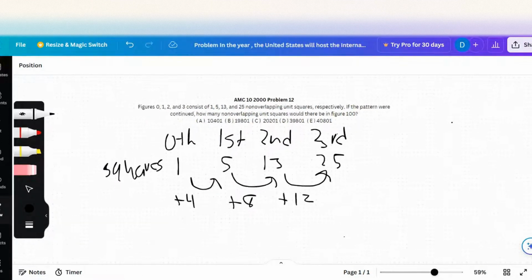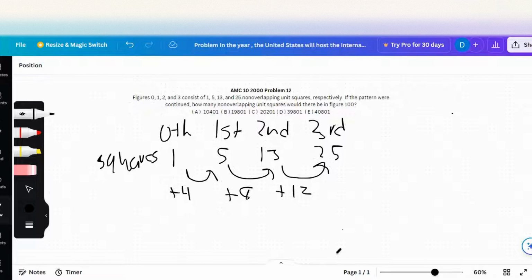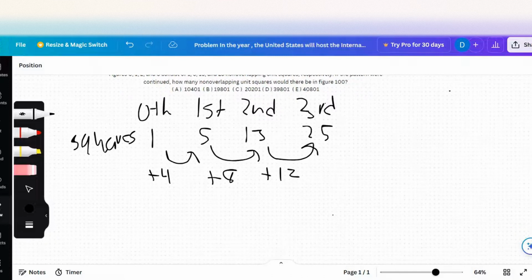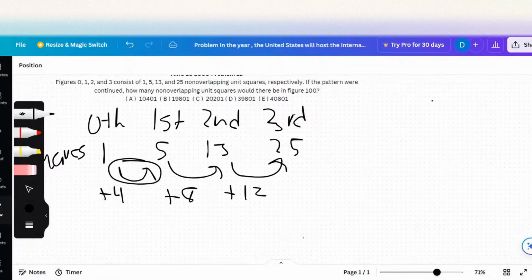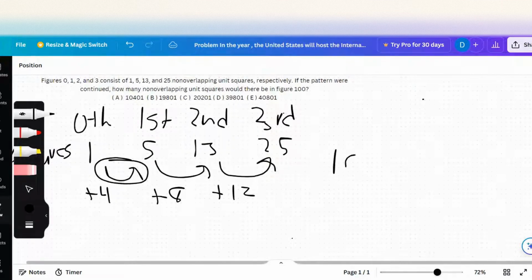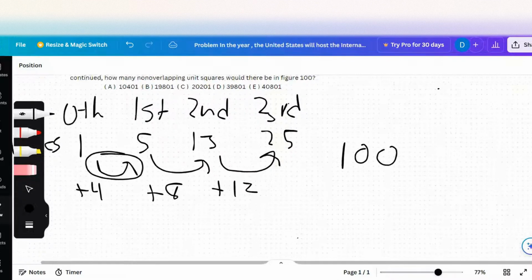Well, I see an arithmetic sequence because we're adding the same difference between each term. We call these gaps, right? The number, how much we add, and how many gaps are between the figure 100? There's 100.